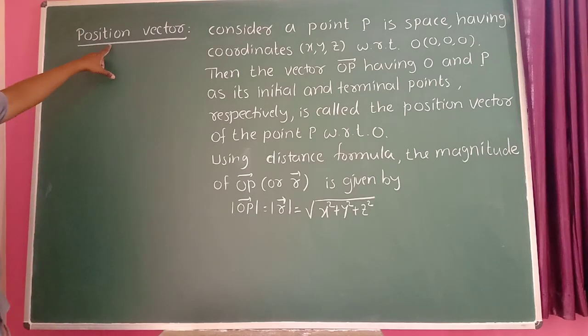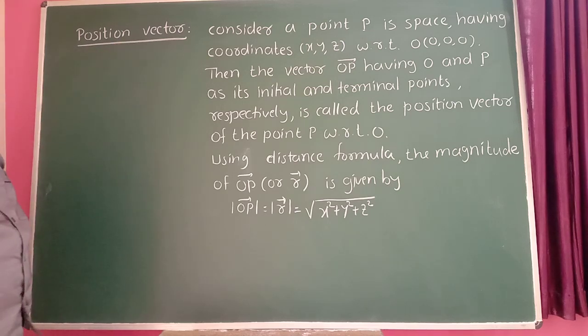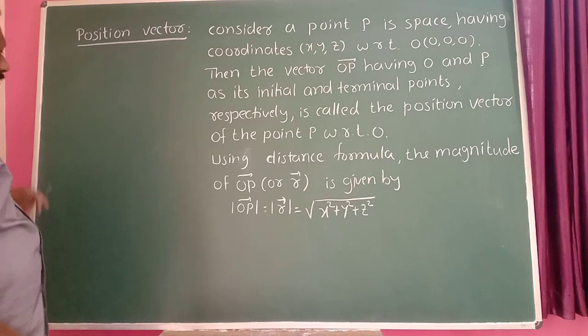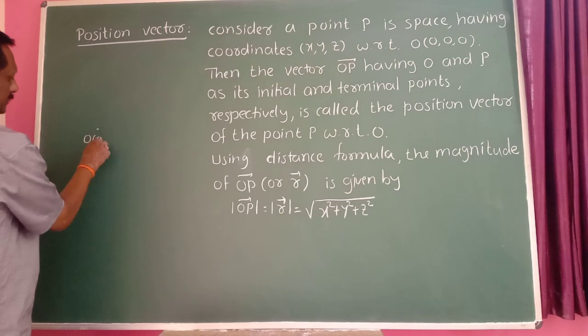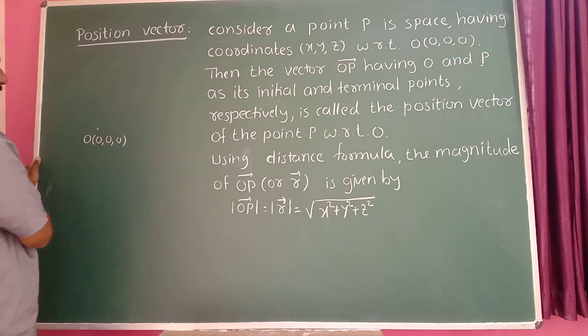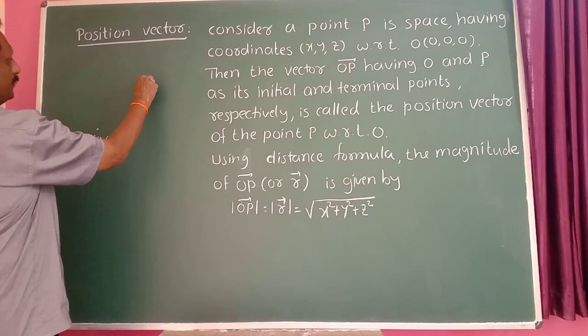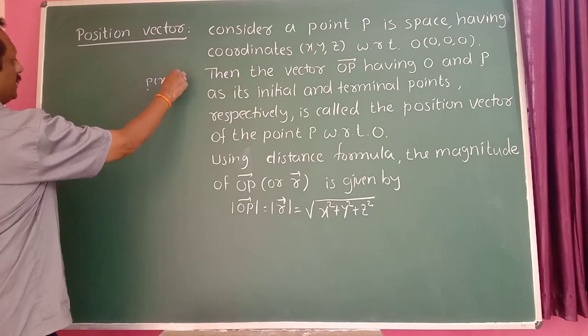Okay, next, position vector. Consider a point P in space having coordinates x, y, z with respect to the origin. O is a fixed point and P is a variable point, with coordinates x, y, z.